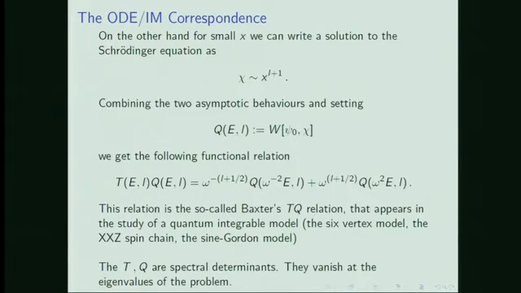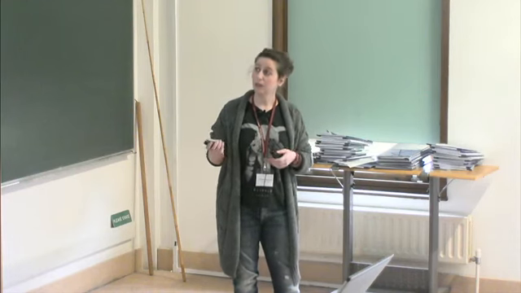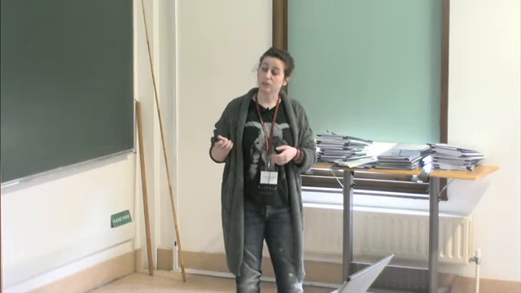So this is very important because it shows a way of connecting a classical integrable model. We go to an ODE, and then this ODE is related to this functional relation, which has to do with a quantum integrable model.